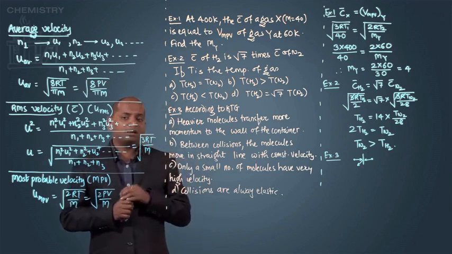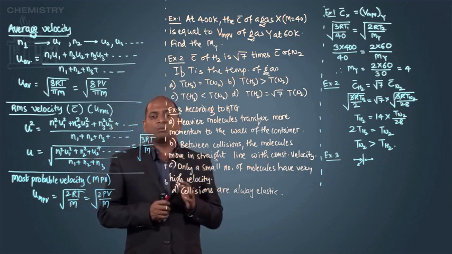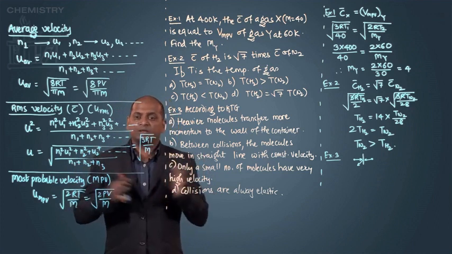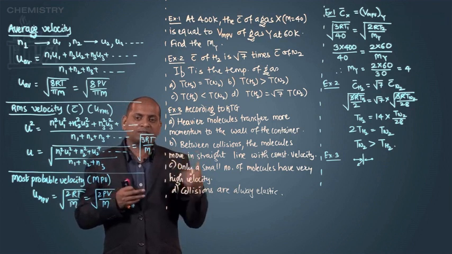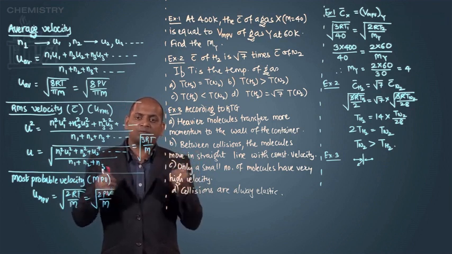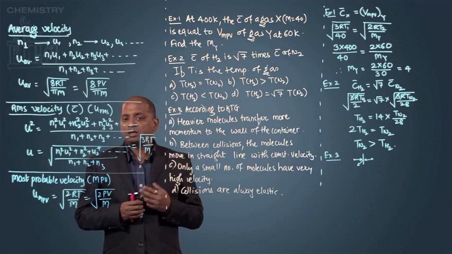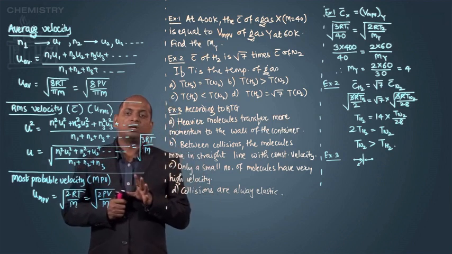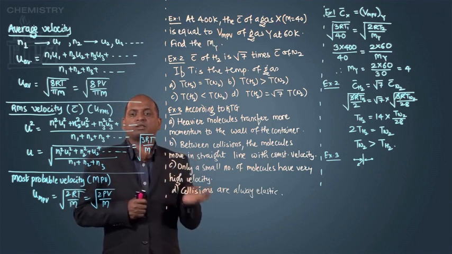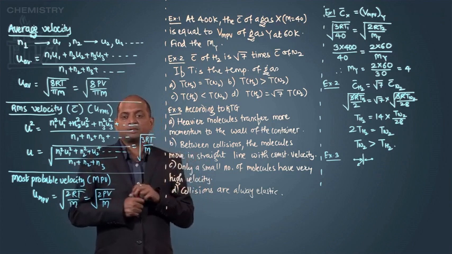One more thing is that whenever we are talking about gases, gases are compressible. But when we start applying pressure and decreasing temperature, what will happen? The molecules start coming close to each other. At one point of time, the gaseous state no longer remains gaseous. It is converted into the liquid state.